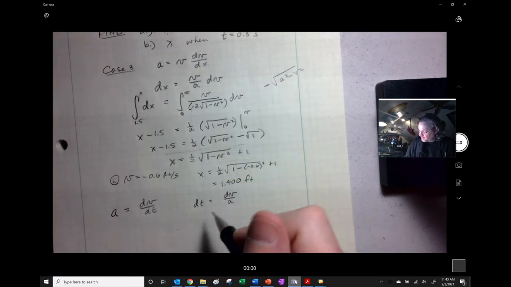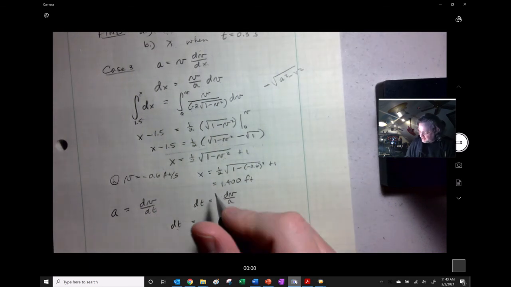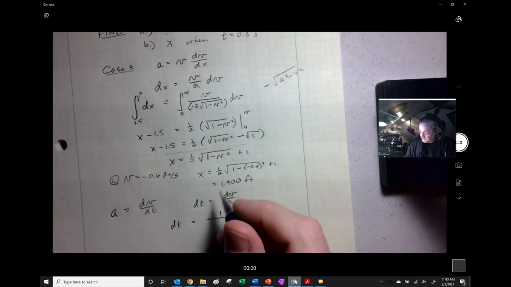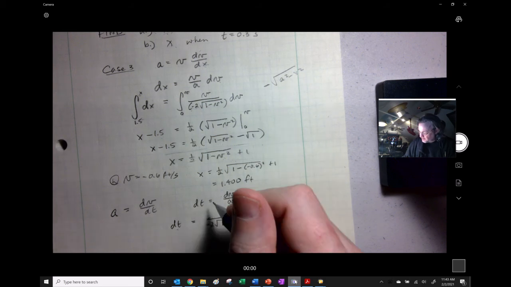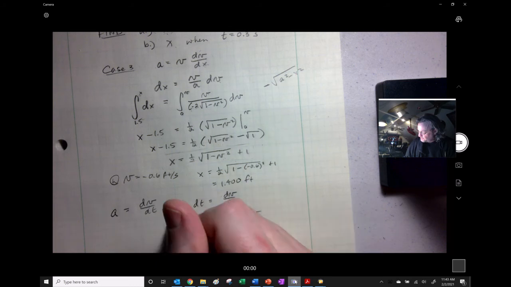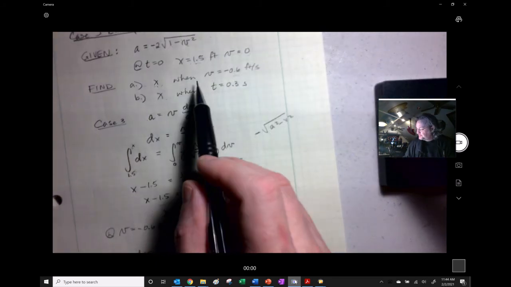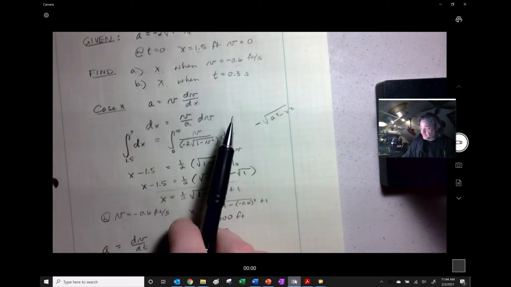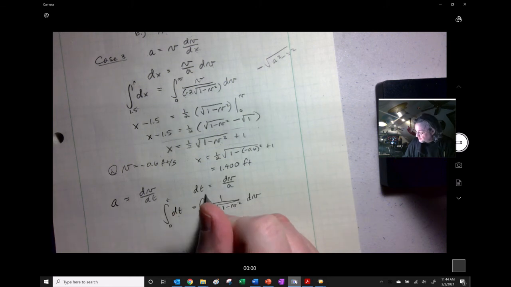So dt is equal to 1 over negative 2 square root of 1 minus v squared dv, let's integrate that. And we know from our limits that when v is equal to 0, time is equal to 0, so we can have that there and there.